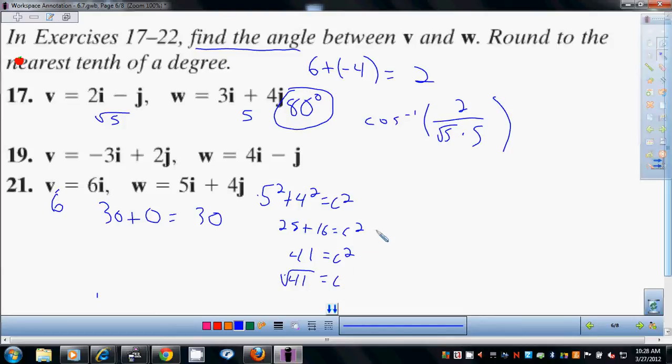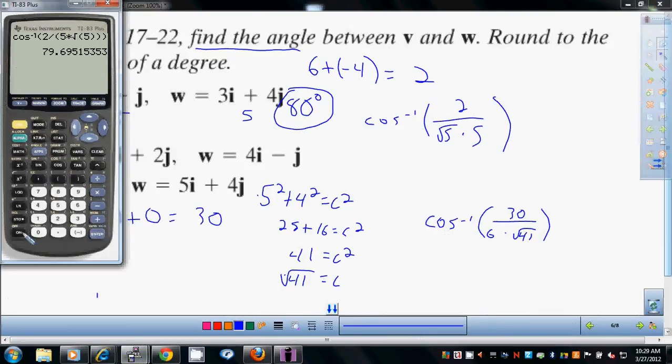So, we're ready for our formula. Cosine inverse of dot product over magnitude product. Now, yes, you can reduce this if you want to. It's a 5 over 1. But it's up to you. Since you're just putting it in the calculator, I guess you don't have to do that. Although it would be easier putting it into the calculator if you did.